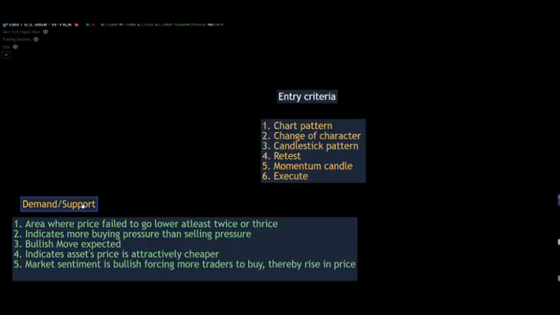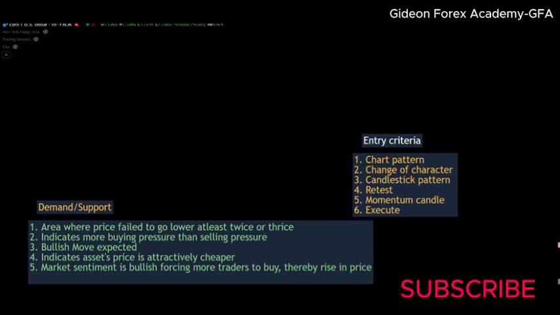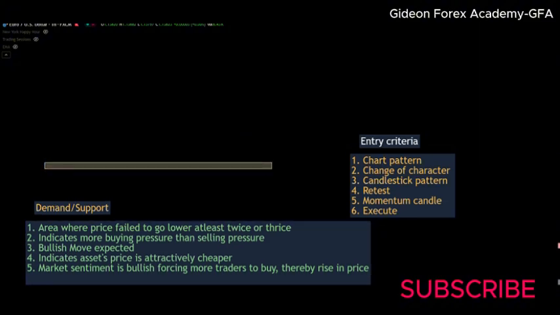When you are buying, you buy at a support area or demand zone. So the demand zone, in this case, would be, let's say this is our, so demand is usually high when the price of an asset is low.